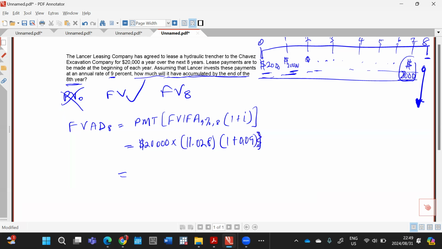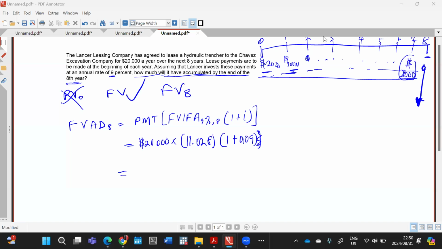Okay, so if you calculate this, you're going to say 20,000 multiplied by 11.028, multiplied by 1.09.